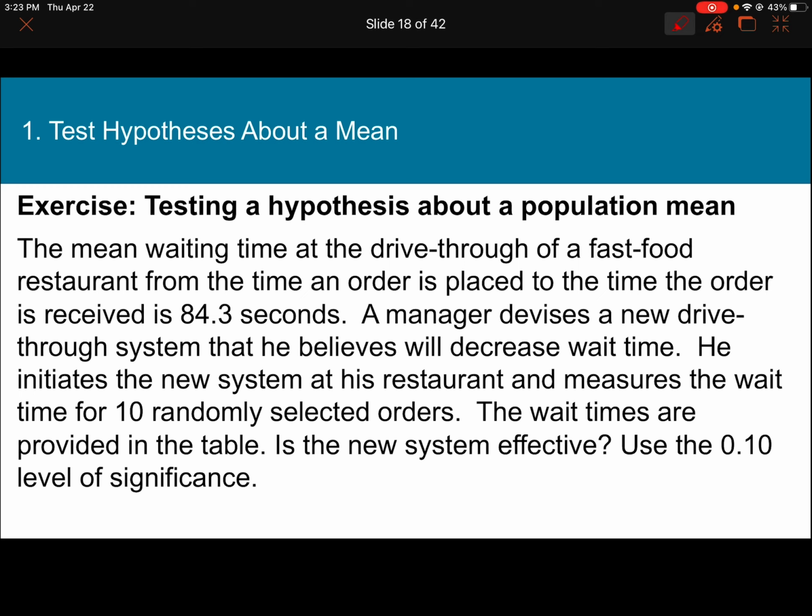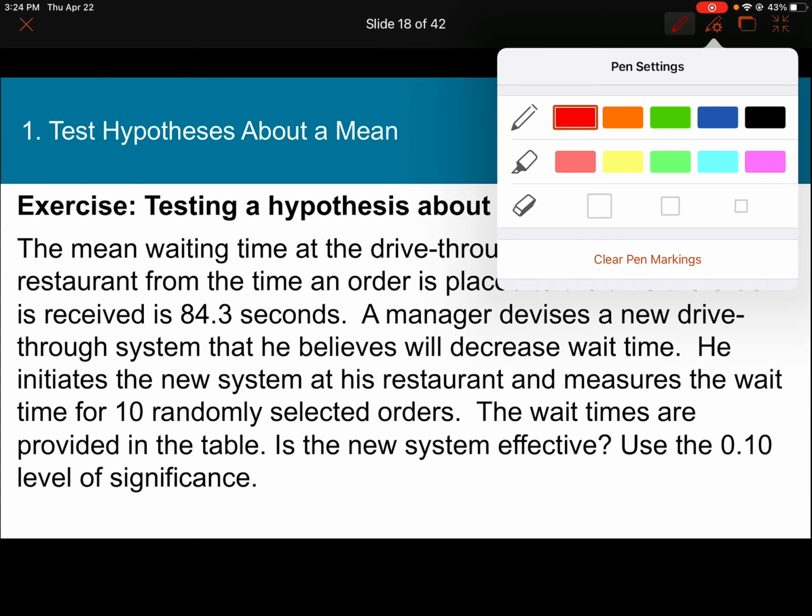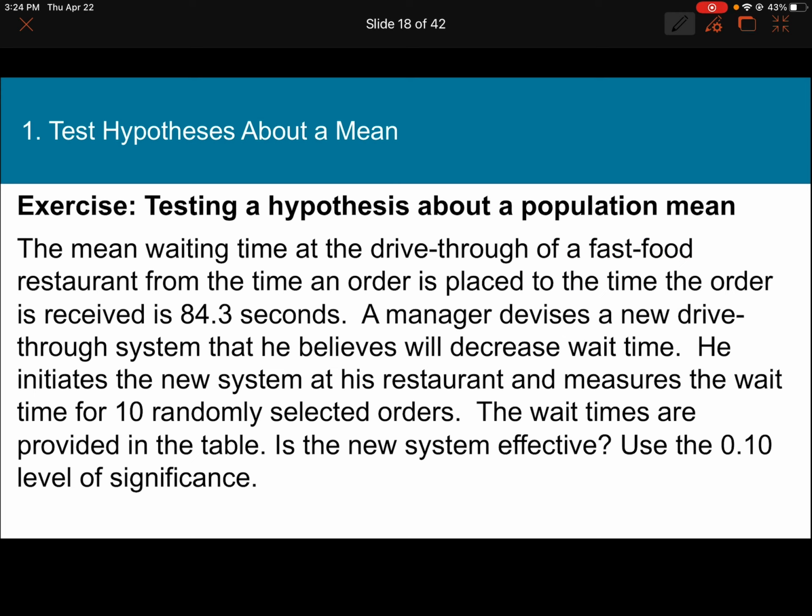Our next exercise talks about the mean waiting time for a drive-through. Go ahead and read through this one. Notice our sample size is 10.